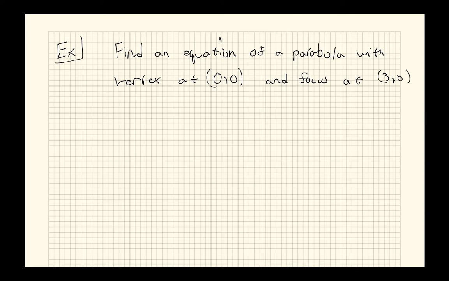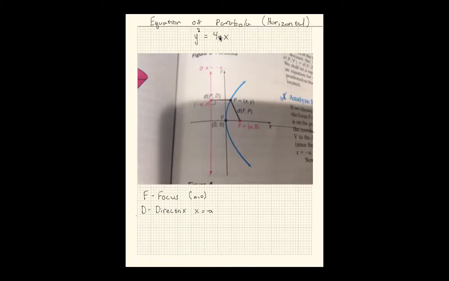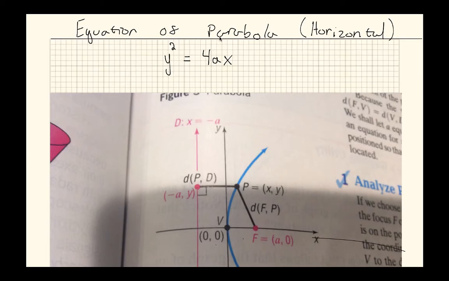Okay, an equation of a parabola with a vertex at 0, 0 and focus at 3, 0. Before we do this one, I should mention one thing. This is a horizontal parabola.